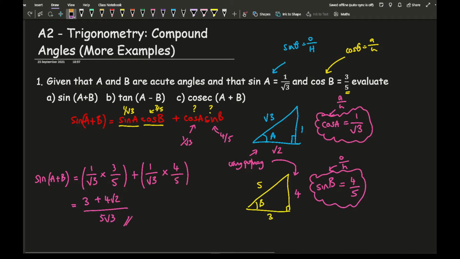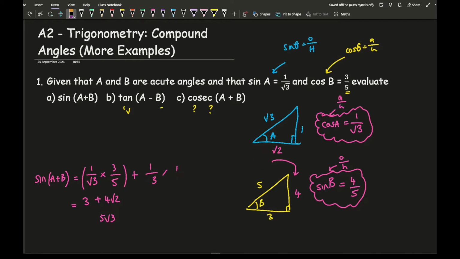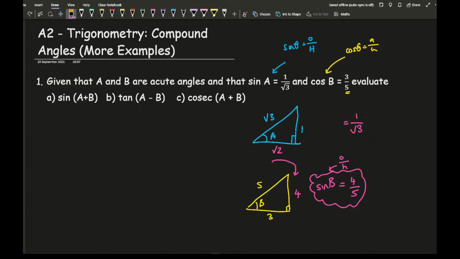Now when it comes to working with B, let's just get rid of this. I'm going to leave those triangles there.